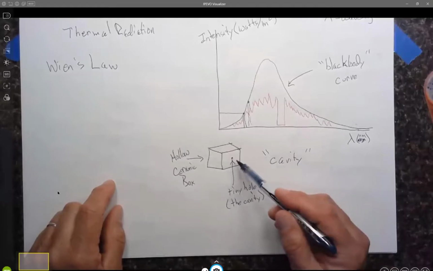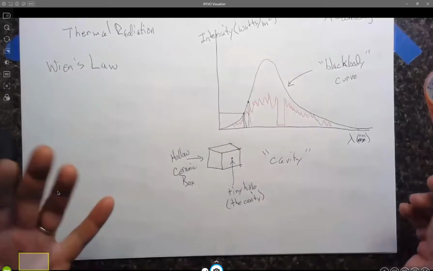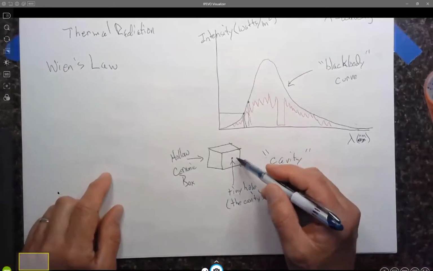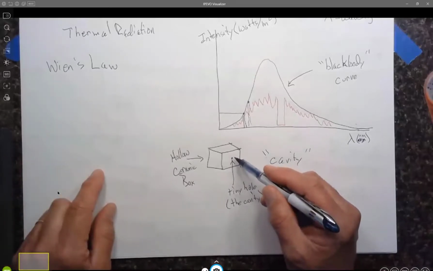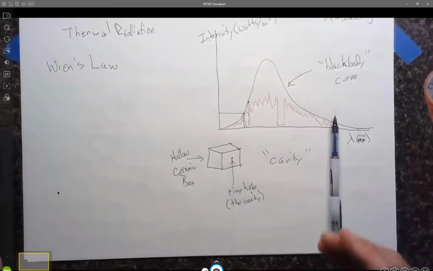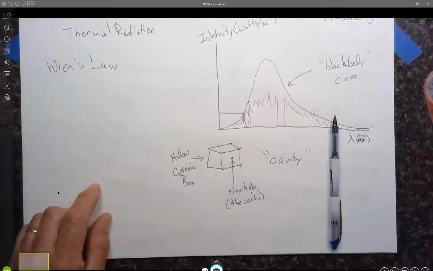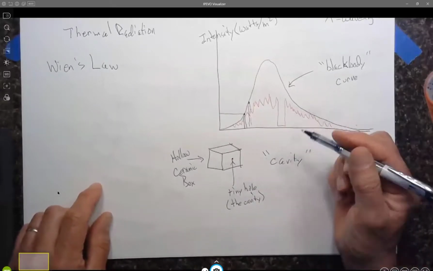Any light that manages to find its way into that small hole gets reflected around inside and absorbed on every reflection, and it just looks pure dark. You can do this with a cardboard box: imagine sealing up a cardboard box well, drilling a tiny hole in it and looking at the hole. It would look black.